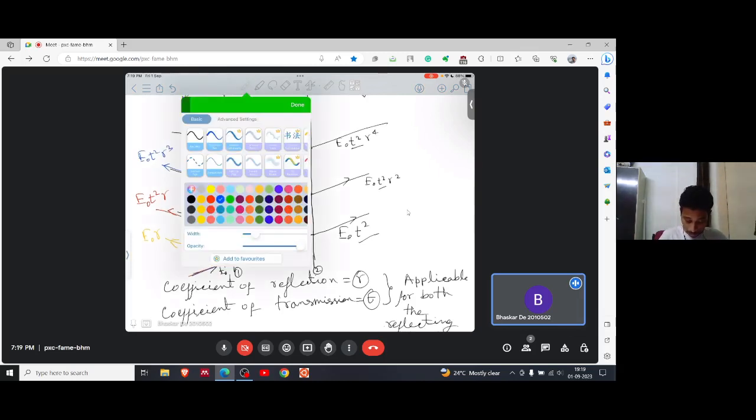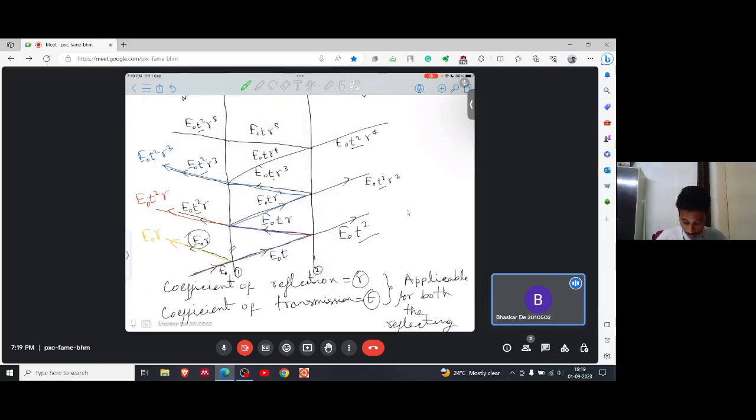And if I am talking about the fourth beam, then it is this and this. This is E naught T square R to the power 5. Okay.